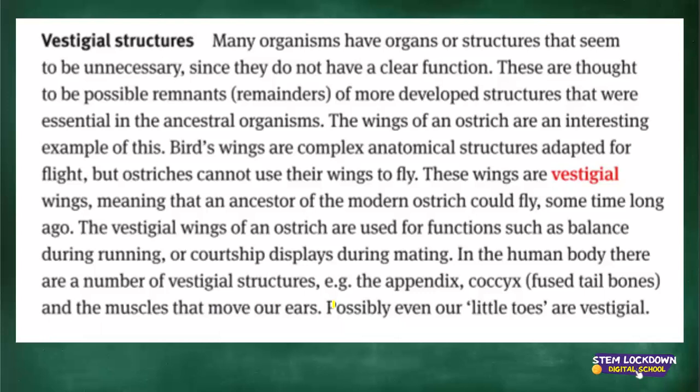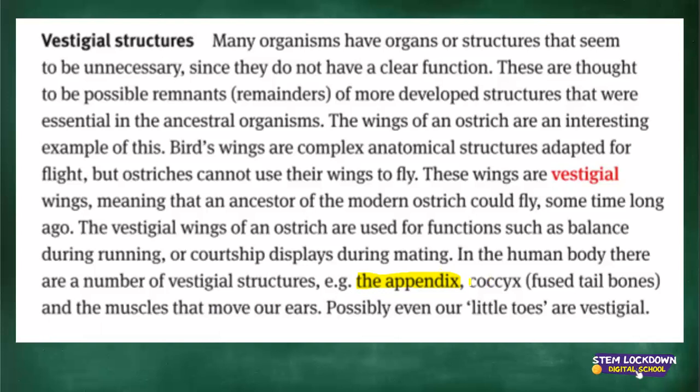In the human body, there are also a number of vestigial structures. For example, the appendix. We don't really know what the appendix is for. It's just there. Scientists suspect that our ancestors probably used it; it was a very useful feature in the ancestors we had.